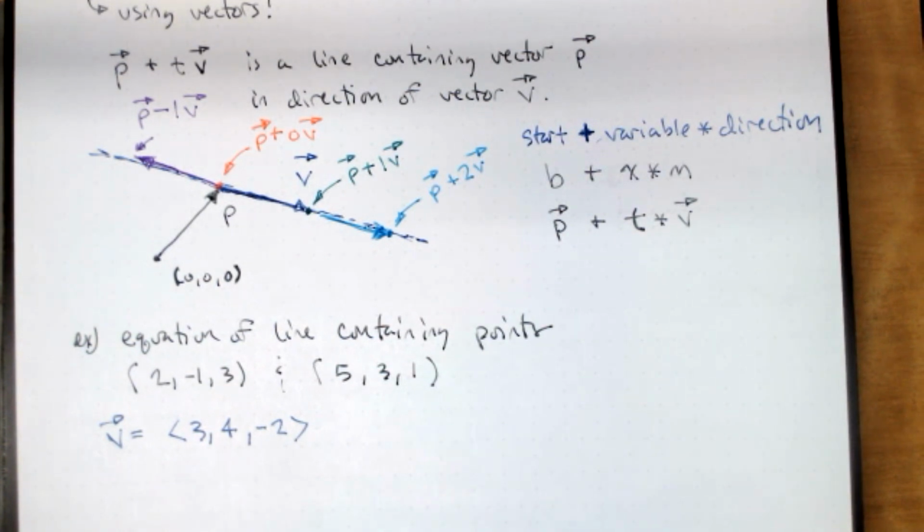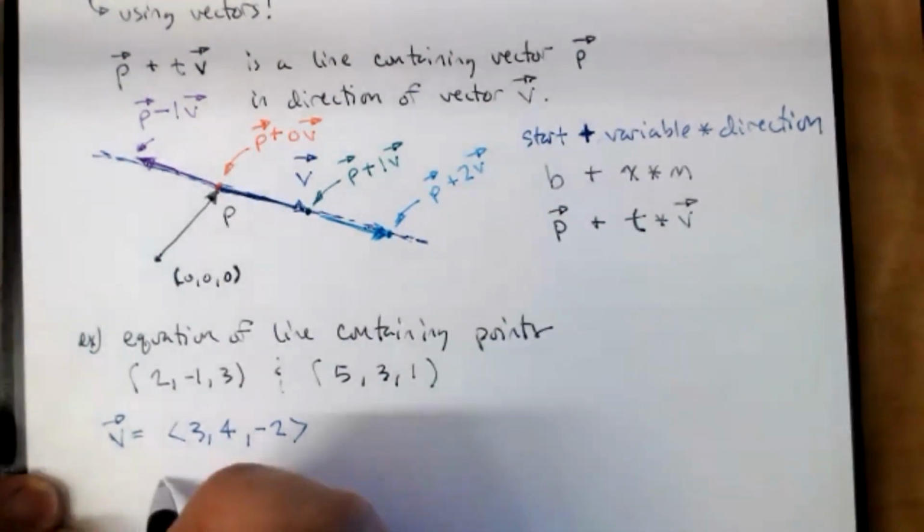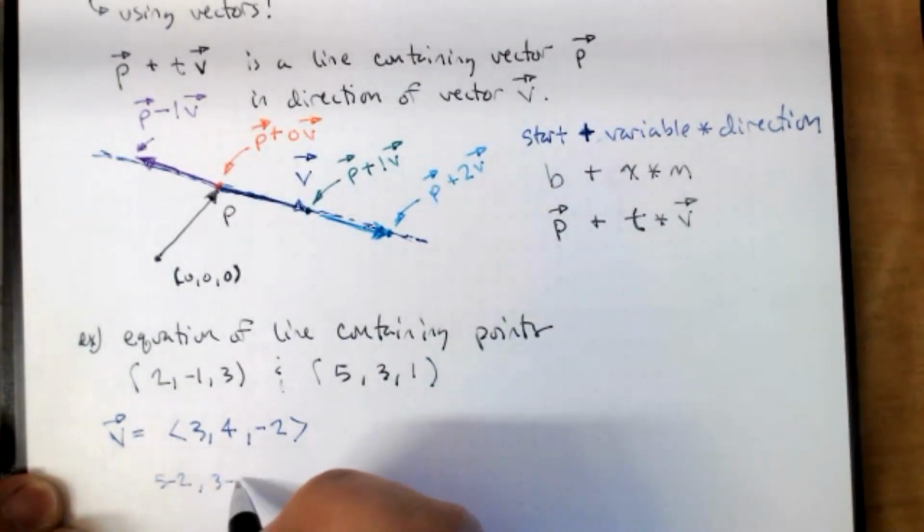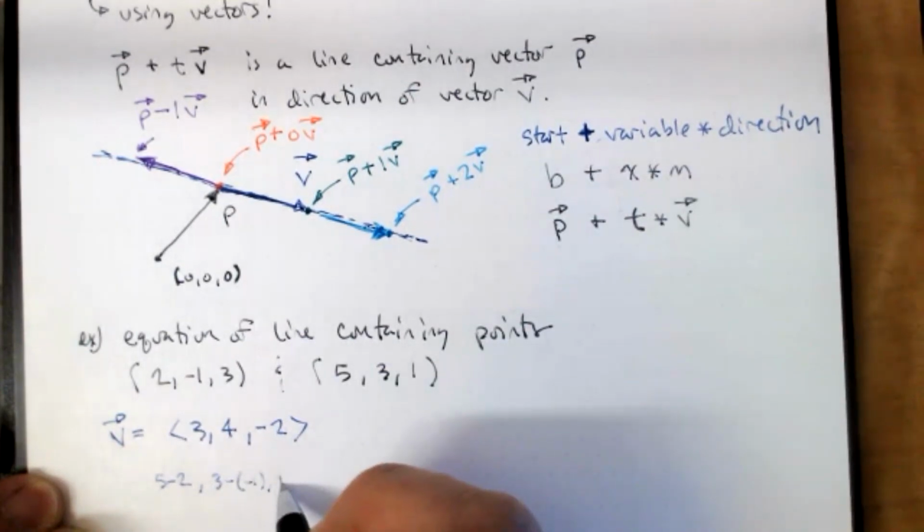So if we think of (2, -1, 3) as the start and (5, 3, 1) as the end, I did 5 minus 2, 3 minus a -1, and 1 minus 3.